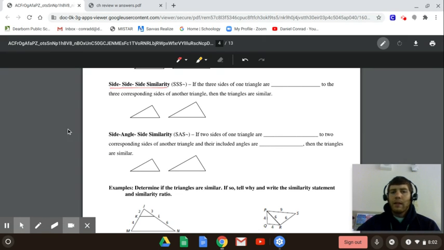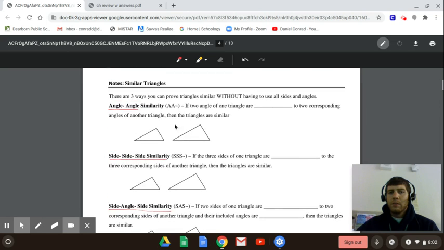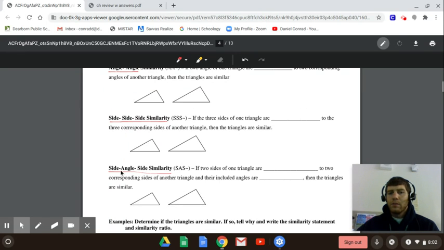Or we had side-angle-side, where we had two pair of sides where the ratios were equal, and the included angles were congruent. So you didn't need to find that all the angles were congruent and all the sides proportional. For triangles, you had these three shortcuts. If we could figure out just these pieces of information, either two angles, three sides, or two sides and the included angle, we didn't need all the information.